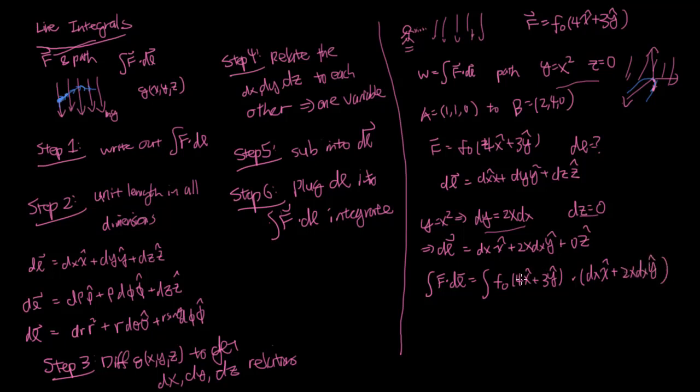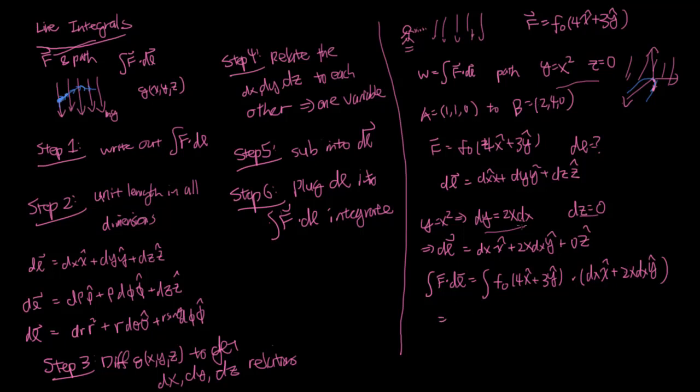So when you're taking the dot products, x dot x is going to be 1, so you have 4 times dx. And then y dot x is going to be 0, and x dot y is going to be 0, so you don't worry about that. So then you also have 3y dot 2x dx, and the y dot y is going to give you 1. So you only have to worry about this times this, and that times that.